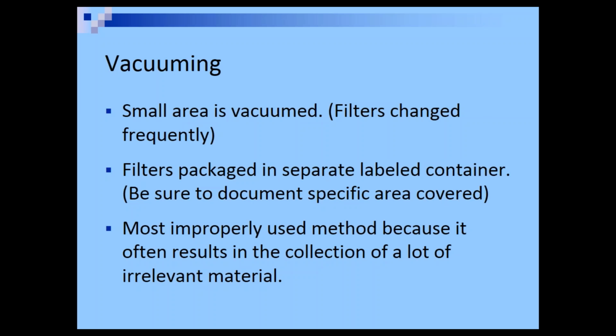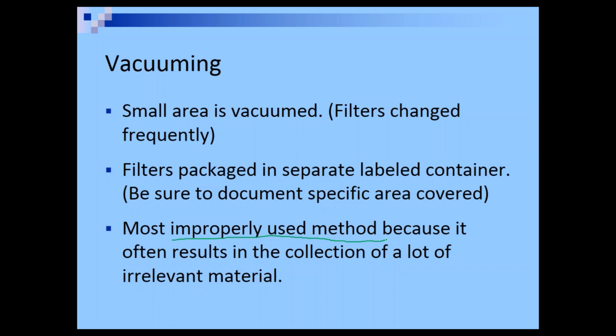All right. Your book refers to this as the most improperly used method, and I think there may still be a multiple choice question about this, so pay attention to this bullet. It just emphasizes that if you use this vacuum for something and you don't know what you're looking for, you could wind up with hundreds of filters and somebody has to go through them and search for something relevant.